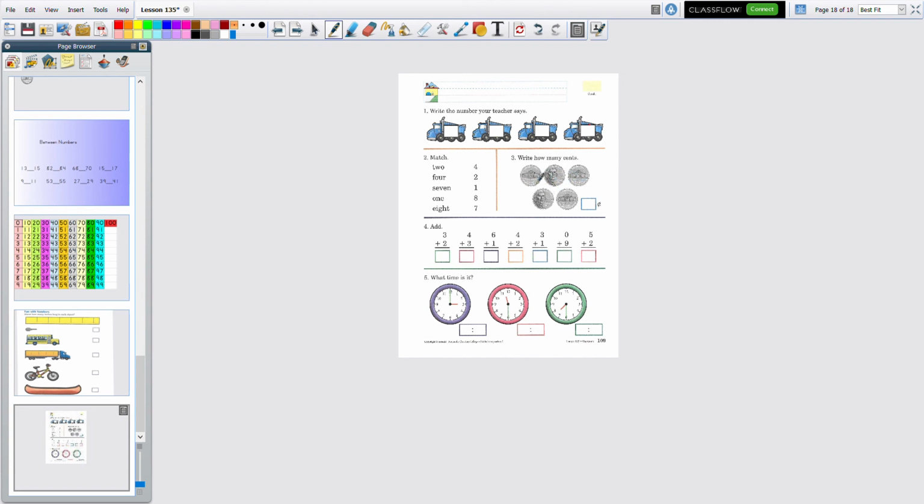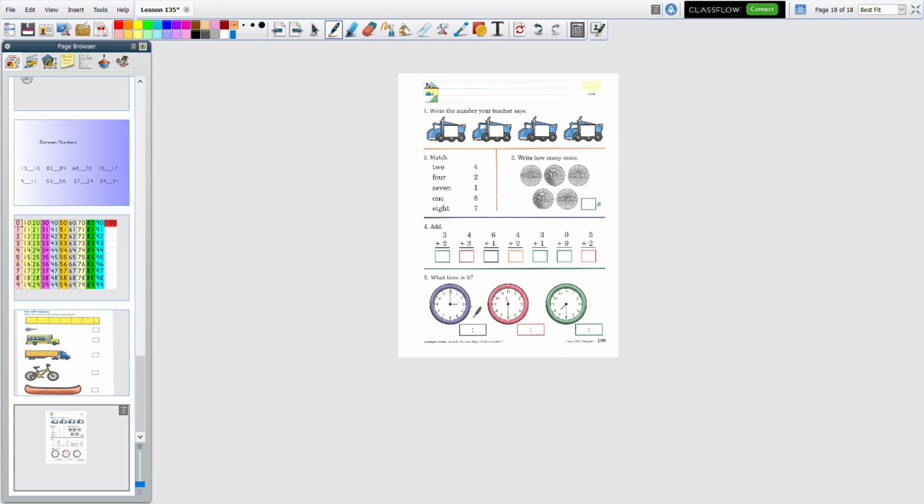There's the heads and there's the tails. So count those and write them in here. Write the amount of cents, not how many coins, but how many cents. You know what we count by. We're going to add these together. These are the top number plus the bottom number. And you're very good at this, so do those on your own.